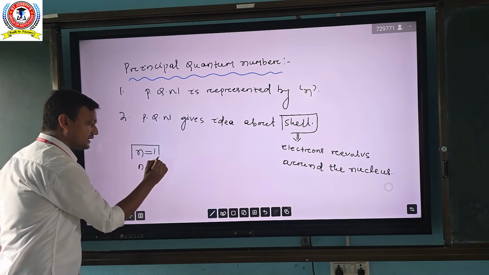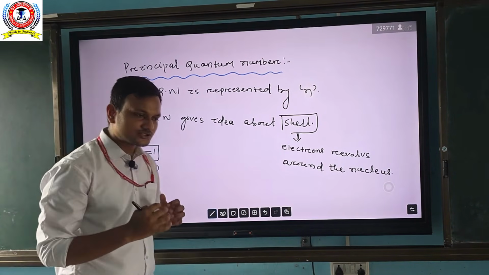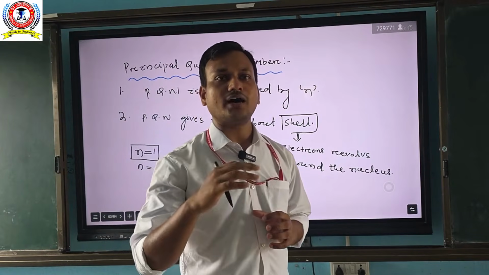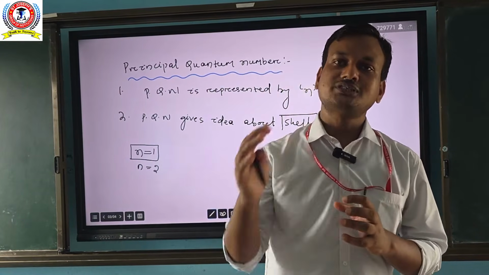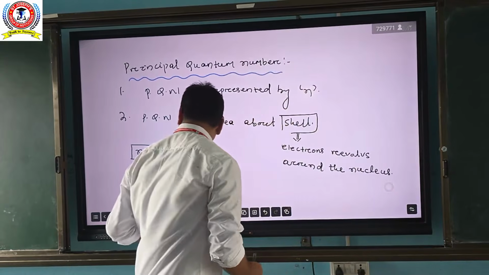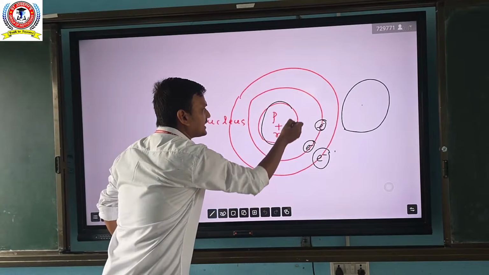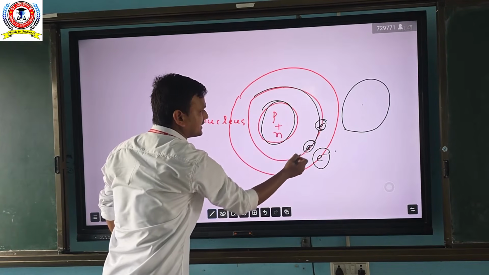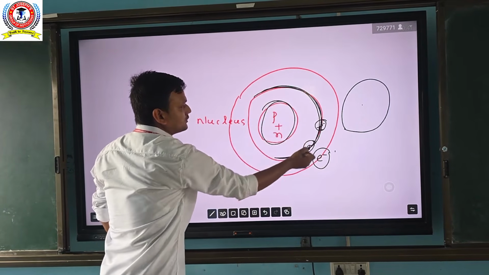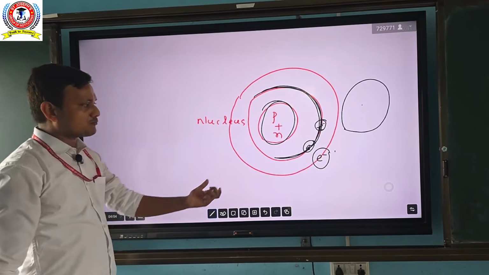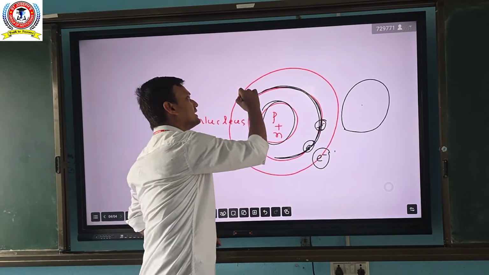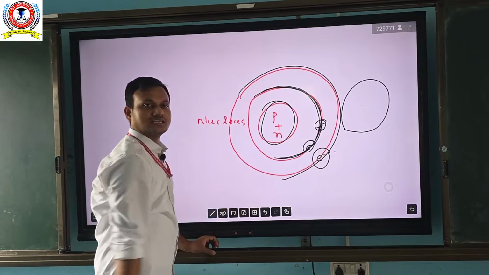When I say n is equal to 1, n is equal to 1 means the first shell, or the shell closest to the nucleus. For example, suppose this is the nucleus of an atom. This is the first shell or closest shell to the nucleus. After the first shell, the next shell comes, and this is the second shell.